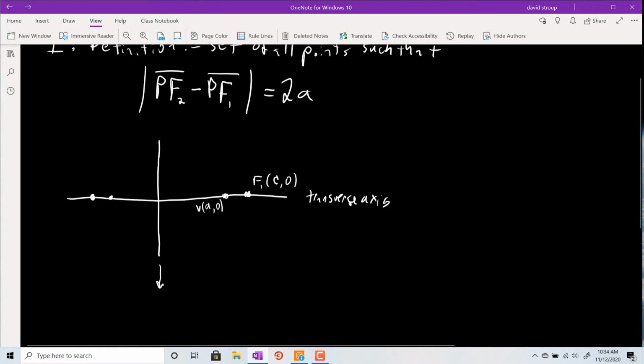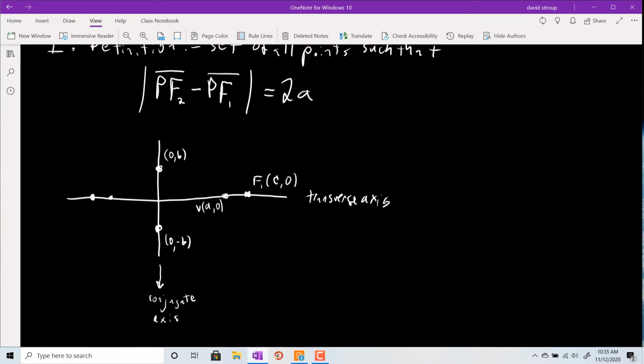So this axis is the conjugate. The vertices are always going to be on that transverse axis. The sort of vertices on the conjugate axis will be given the letter b again. So this will be located at (0, b), and this is located at (0, negative b).